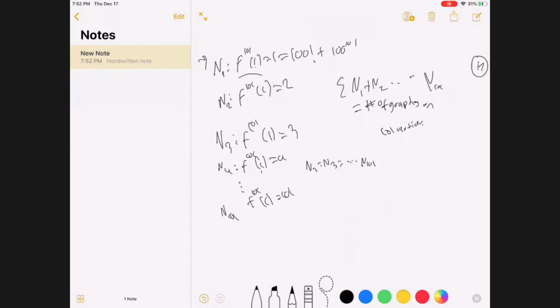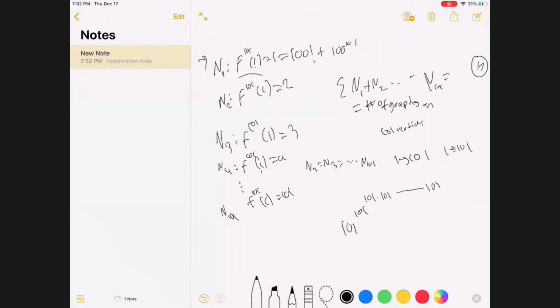And so the idea here is that we know the sum. It's the number of graphs, and that's just, well, every number 1 through 101 has to map to something 1 through 101. And so for 1, there are 101 cases. For 2, there are 101 cases. To 101, there are 101 cases. And so there's 101 to the 101 total graphs.